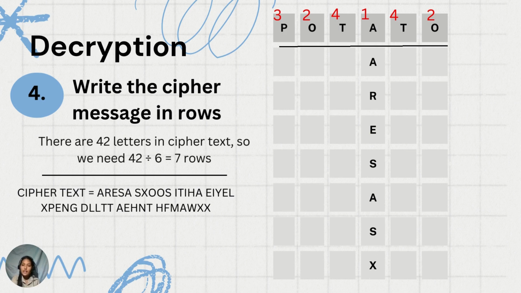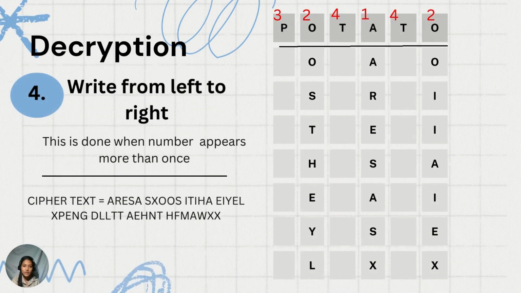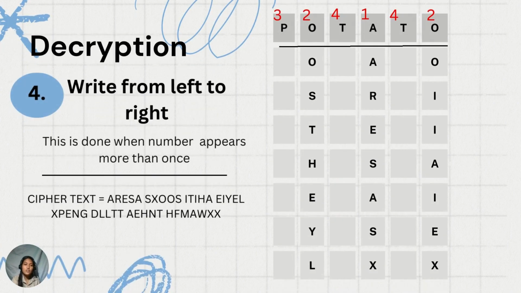We will then write out the message in columns. So we need the first 7 letters and put them in the column A1, and so on and so forth. So say for example that in this example we have these two numbers appearing more than once, the O2 and the T4.